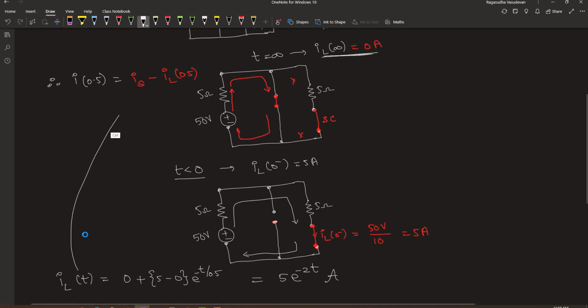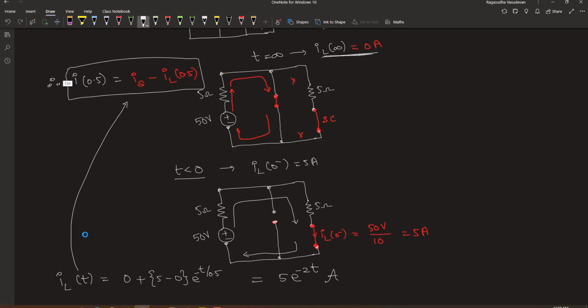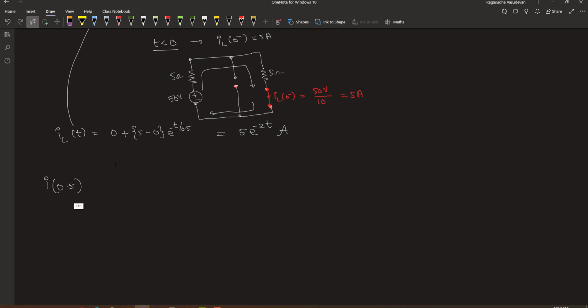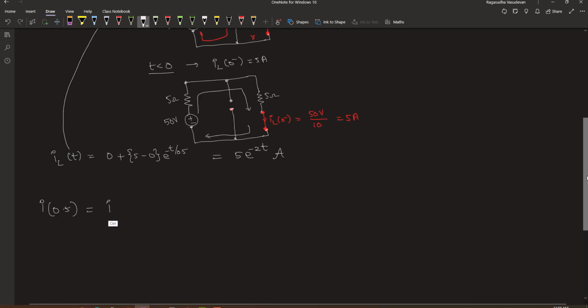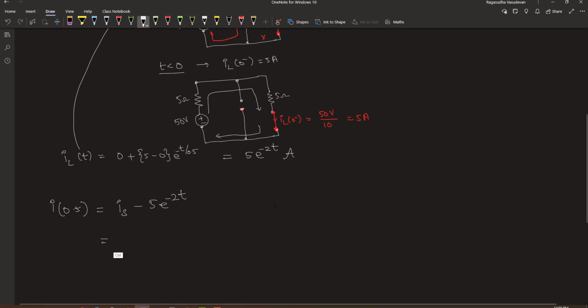Let's make use of this in the equation found by Kirchhoff's law in order to find out I at 0.5. I at 0.5 is equal to the current supplied by the source minus 5 e to the power minus 2t. So this is equal to 10 ampere minus 5 e to the power minus 2t, which is equal to 10 minus 5 e to the power minus 2 into 0.5.